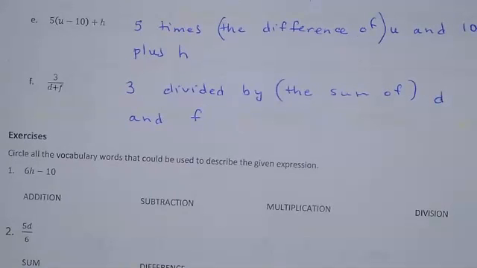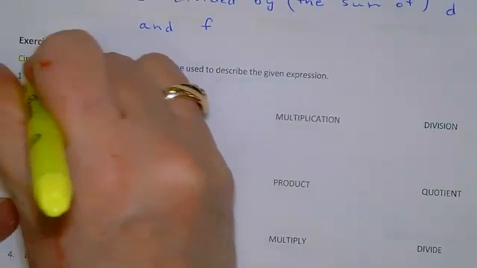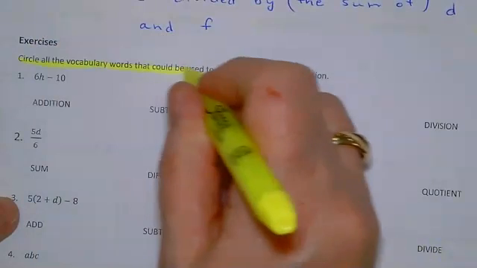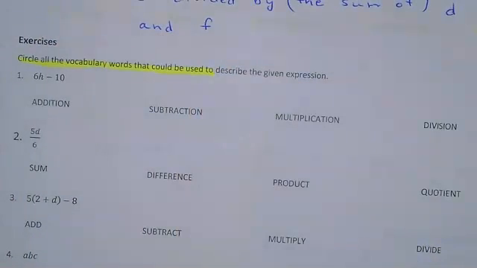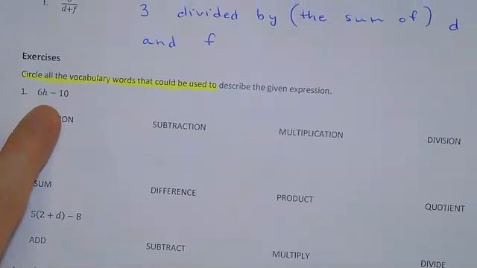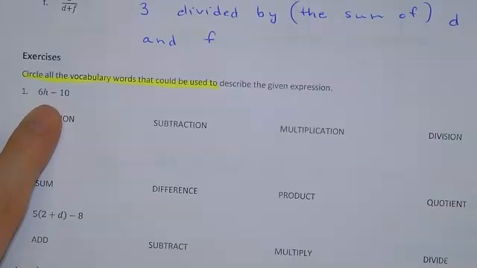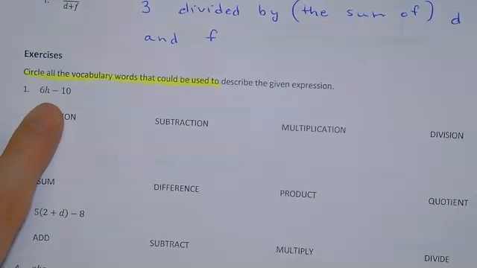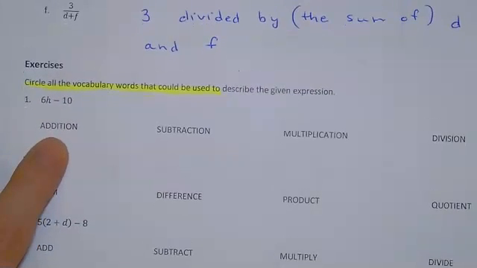So down here, they're making it a little bit easier for us, so we don't have to do as much writing. So look at the exercises right here. It just says circle all the vocabulary words that could be used. So if you look at this math problem, what operations are there up here? Is there addition up there?